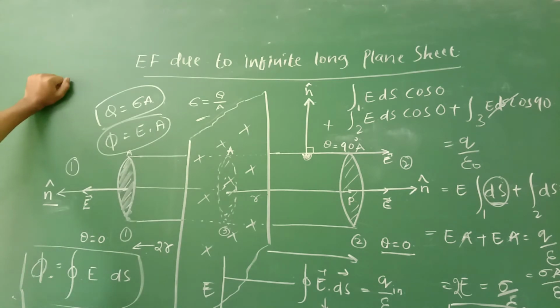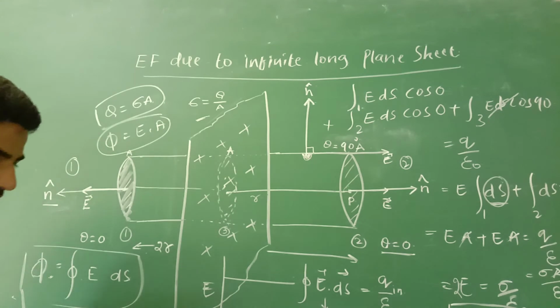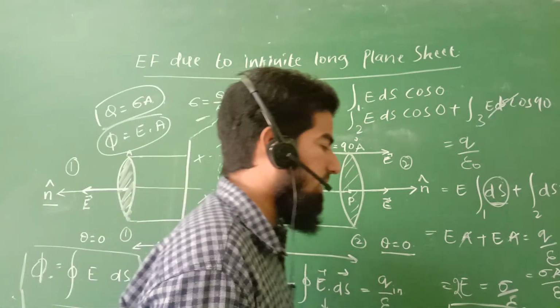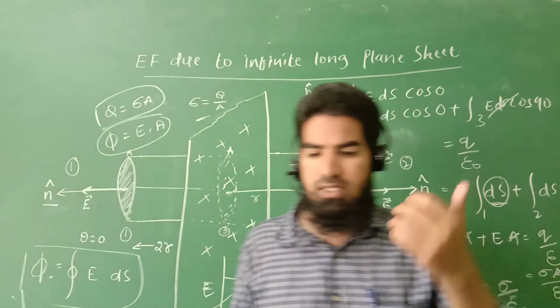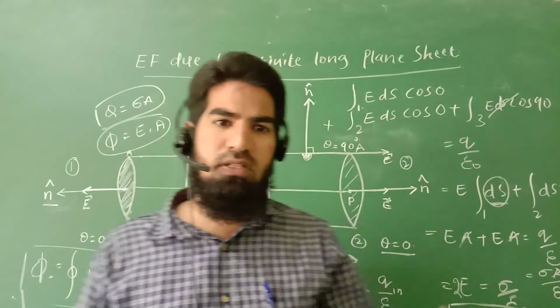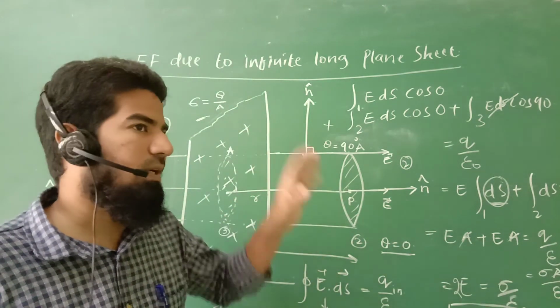You can take any portion of the surface, and you will get a perpendicular outward direction, which is the area vector direction.